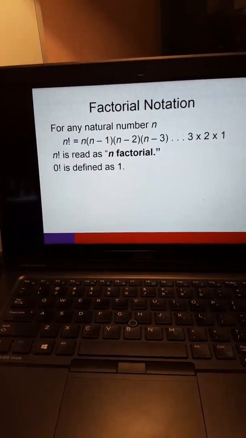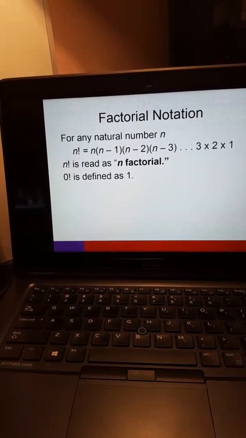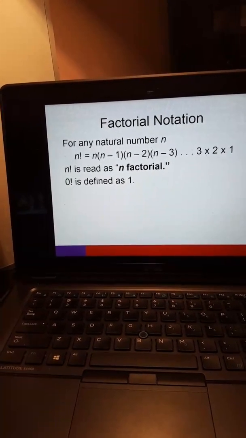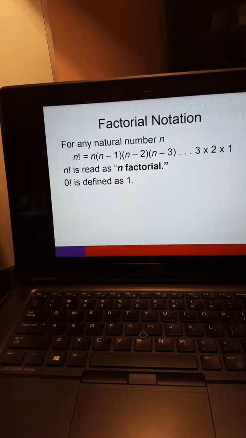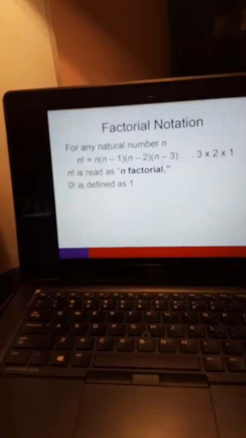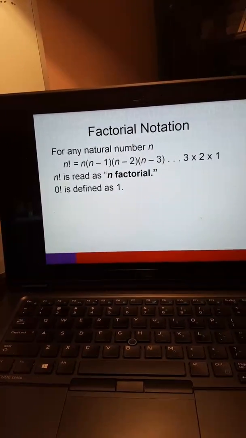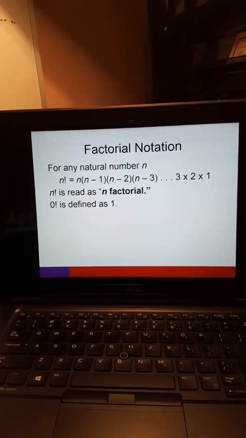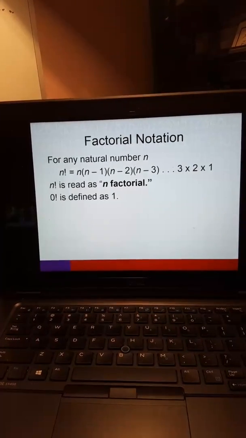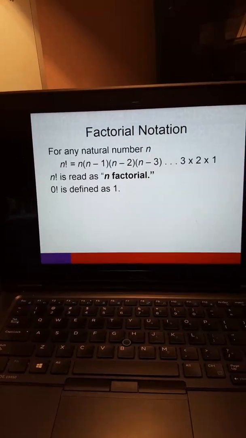So with factorials, 0 factorial is defined as 1. Anything to the 0 power, or 0 factorial, is characterized as 1. The reason I'm telling you that is because remember, anything times 0 is 0, and we do not want the answer to be 0 because we want to get an answer.